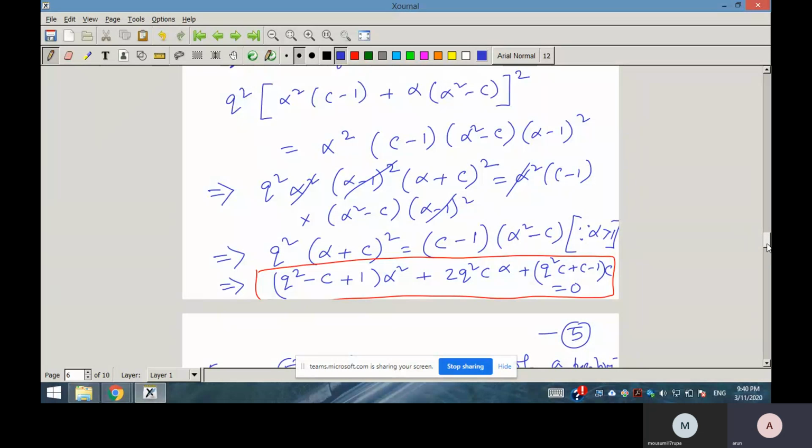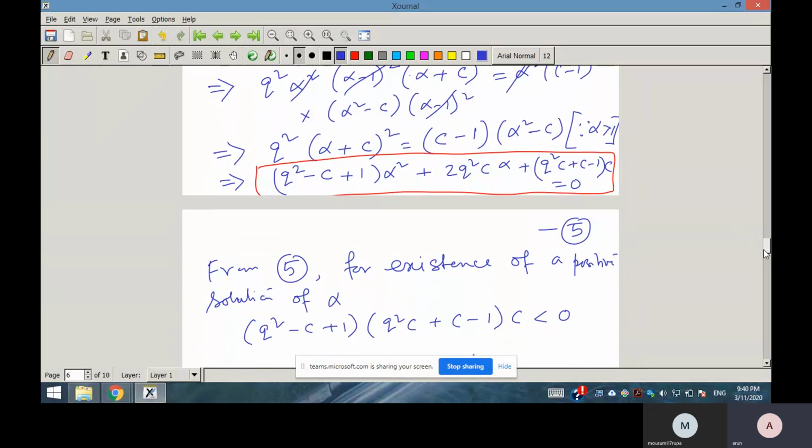The algebraic equation is a quadratic equation, and for the solution of this quadratic equation for alpha, alpha should be greater than 1. That is very important. What is the condition? This is the condition: q square minus c plus 1 into q square c plus c minus 1 into c less than 0.